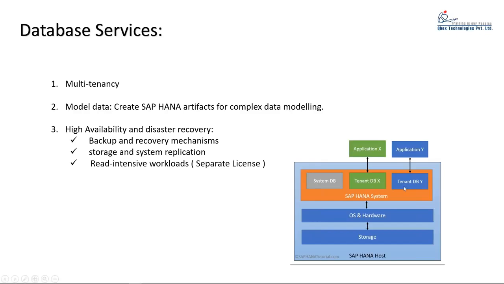X is a separate database and Y is a separate database. When you log into the HANA system, you log in with a specific tenant database, say X or Y. When you log into X, you have a different set of schemas, tables, and data, everything. And when I log into Y, I have different schemas, tables, and data, everything separately.